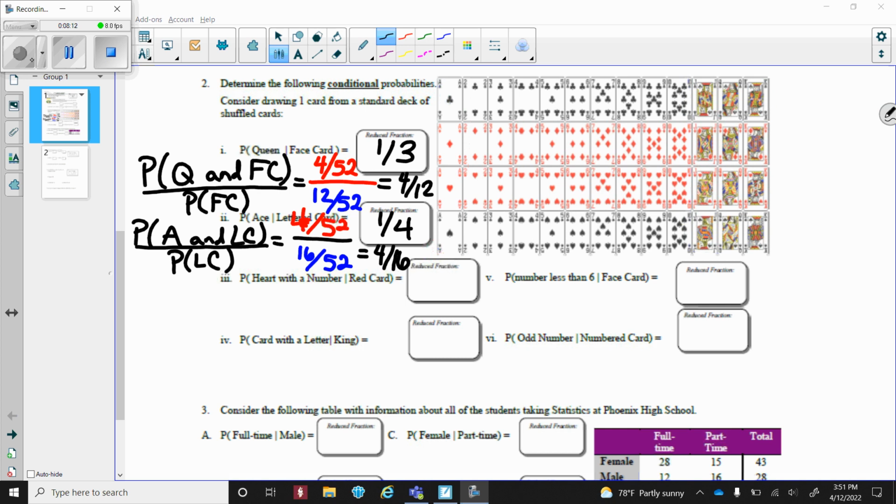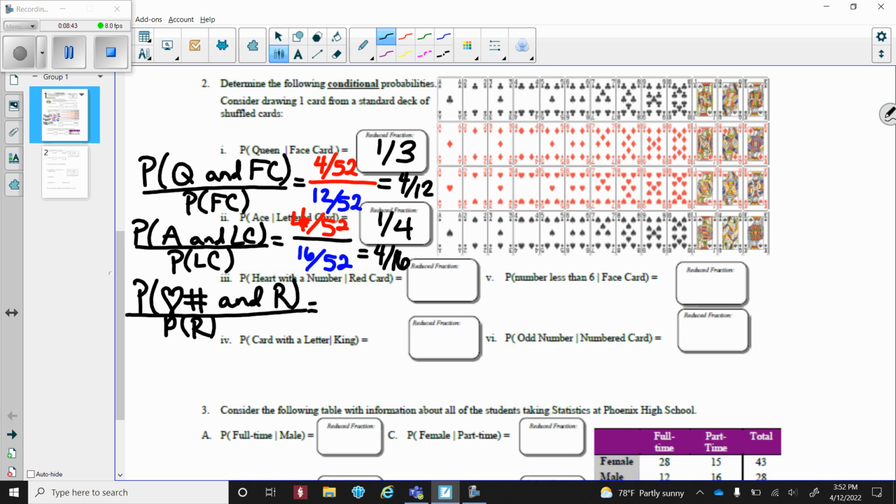For the third question, we're given the probability of a heart with a number card given that it is a red card. So we're going to set this up again, where we have the probability of a heart with a number and it's a red card, divided by the probability that it is red.